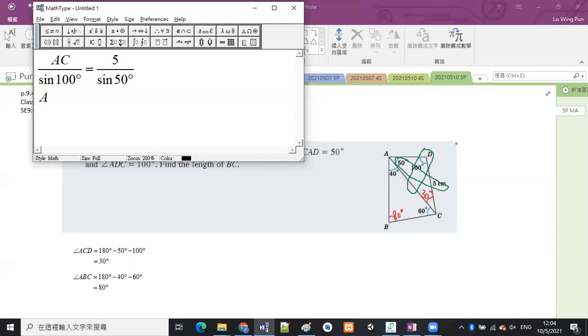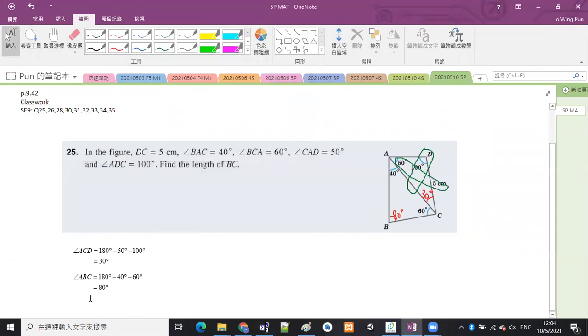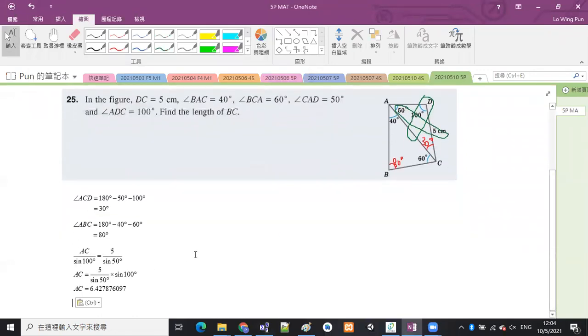So AC is calculated by this line, and it is equal to, by calculator, 6.42 something. This is not the final answer, so I will save this number to memory A.